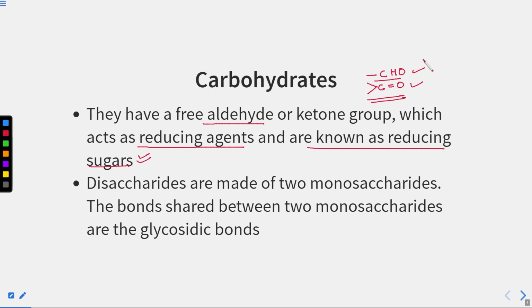So the sugars having an aldehyde or ketone group are considered reducing sugars. This is very, very important, because they have the property of acting as a reducing agent, and that is why they are called reducing sugars.